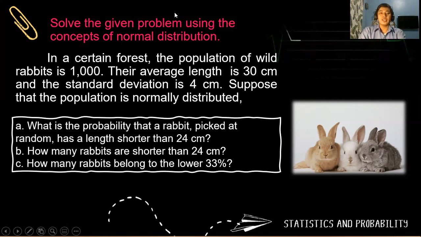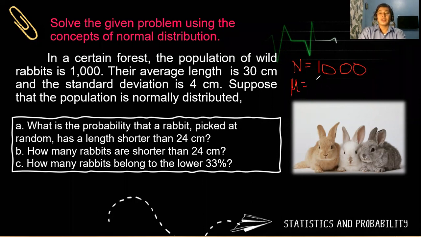So, notice that the total population of rabbits is capital N, which is 1,000. Our average length is represented by mu, so that is 30. And our standard deviation is 4, so that is sigma, which is equal to 4.